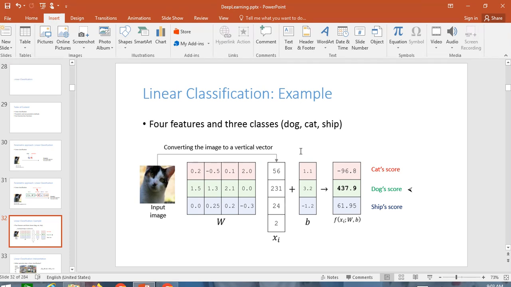The order is that the first is related to the cat, which is here negative 96.8. The second is the dog and the third is the sheep actually. These are the scores of the classes. We made a mistake here.